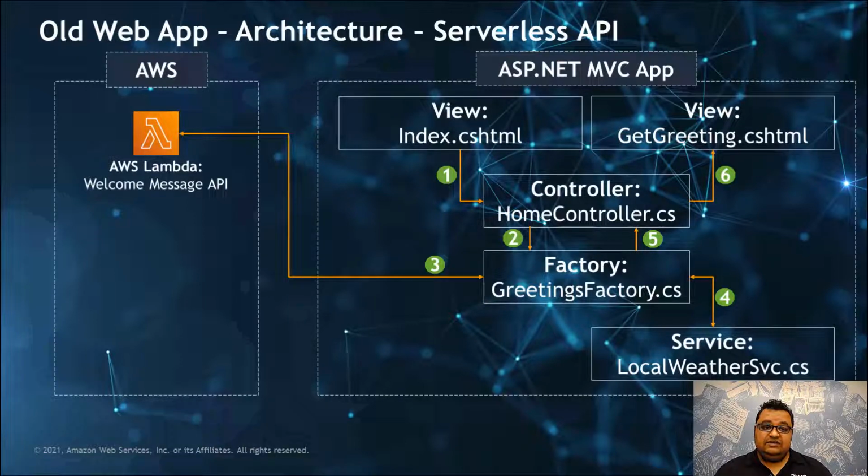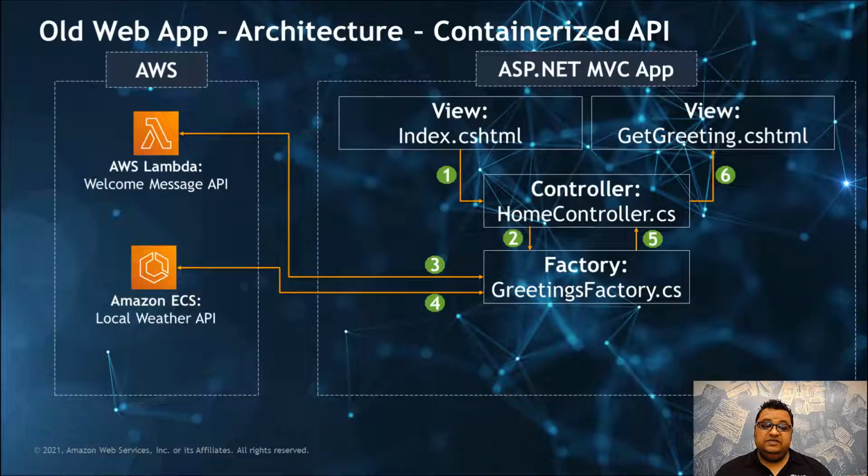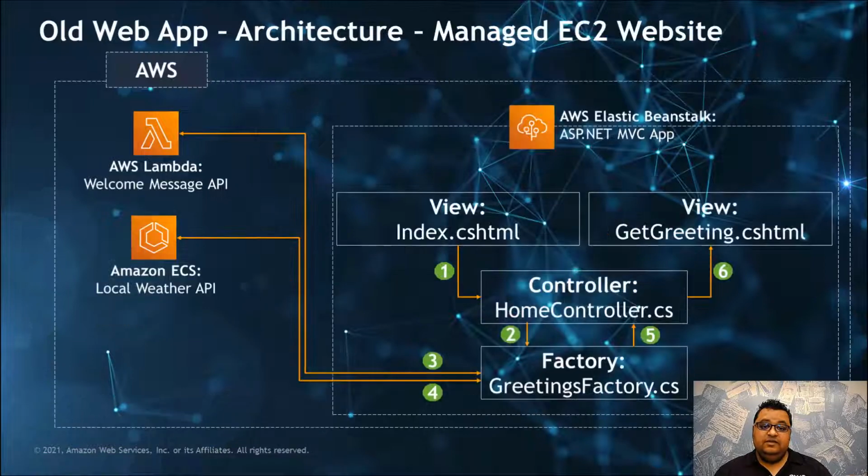Once we've deployed that out to AWS and confirmed through Postman that this works, we'll move on to the next step, which involves doing the same thing with the local weather service class. However, instead of hosting it as a Lambda function, we'll be deploying it out into Amazon ECS to run as a container workload.